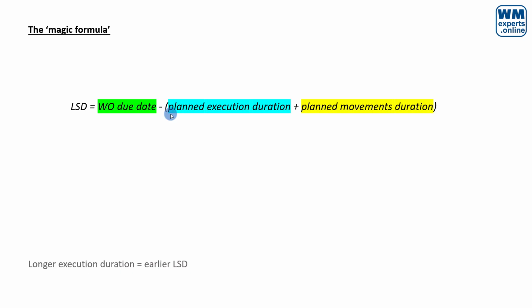Makes sense. Increasing the duration for the picking task will push the LSD to an earlier point in time, because you need to start earlier in order to finish at the due date.